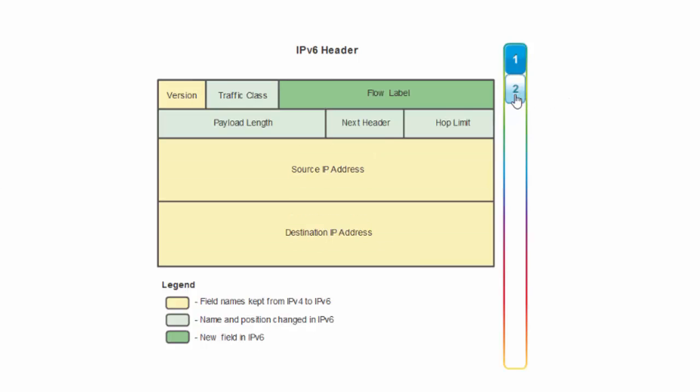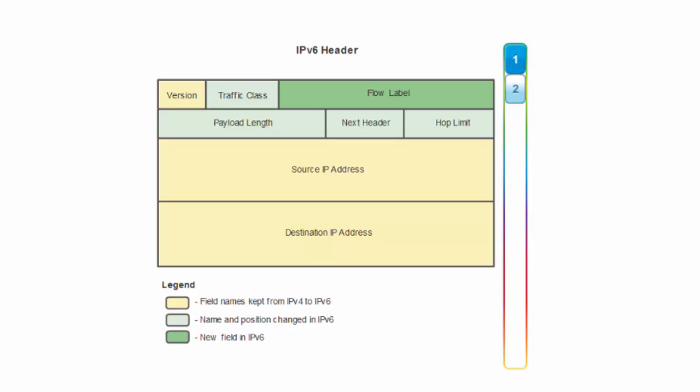This simplified header structure for IP address version 6 has some advantages. As we have said, routing efficiency and routing performance has been improved because of the simplified header. There is no requirement on processing of a checksum. As you can see here, there is no checksum field at all in IP address version 6, so we don't have to check the correctness of the packet as it flows through the routers, which also speeds up the processing of the packet.